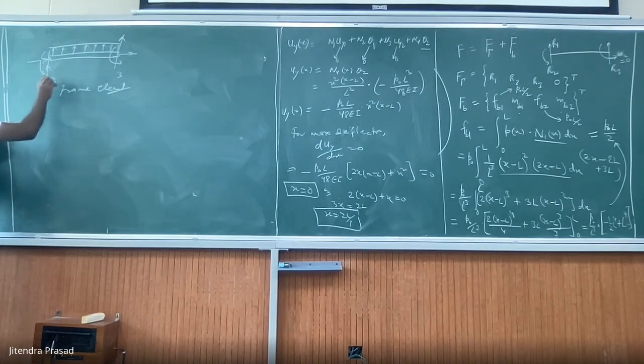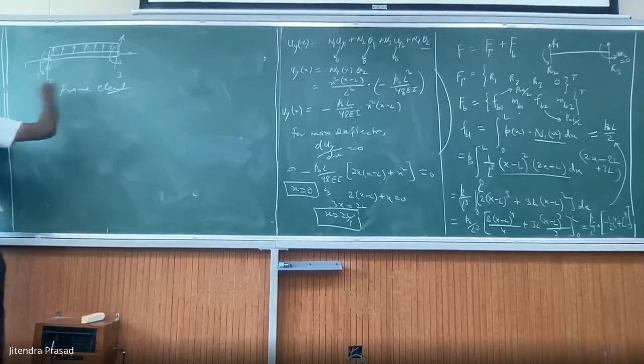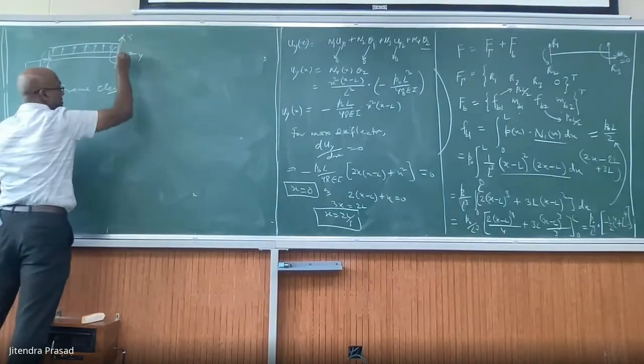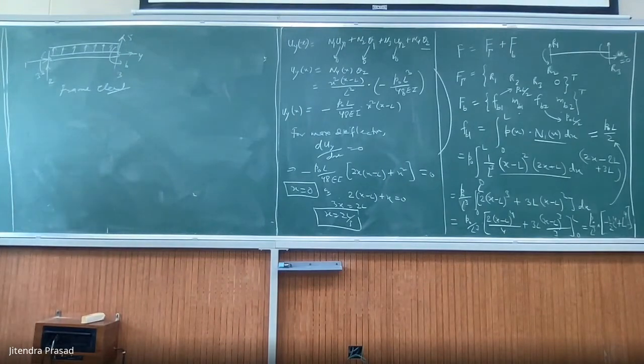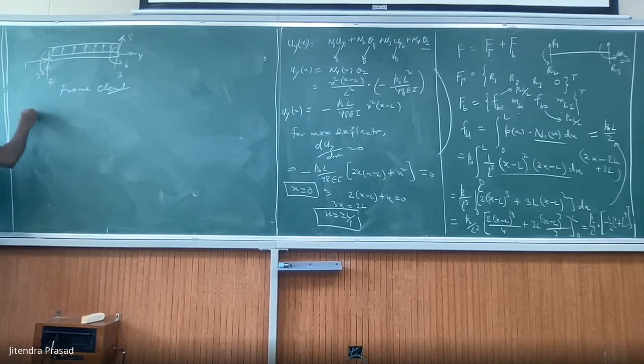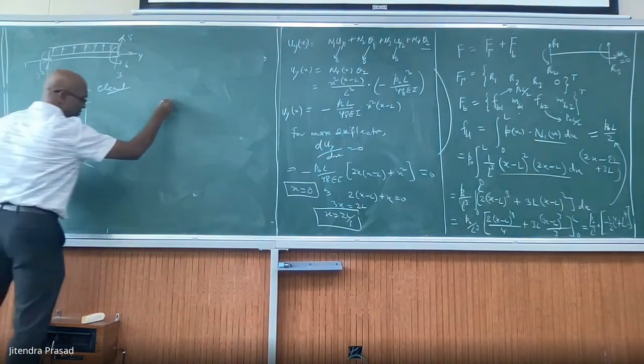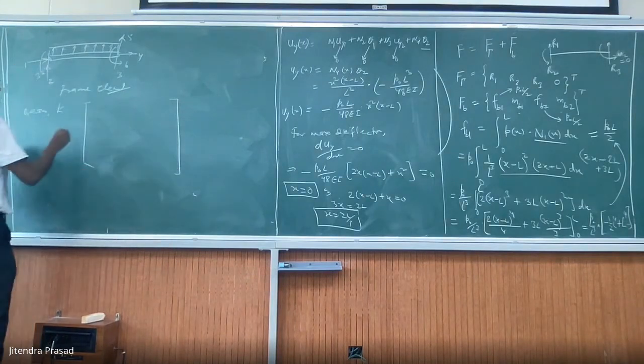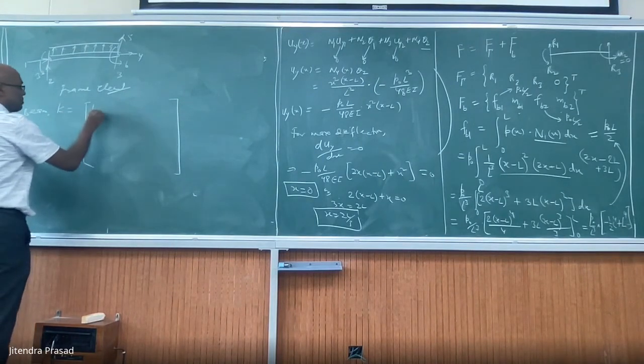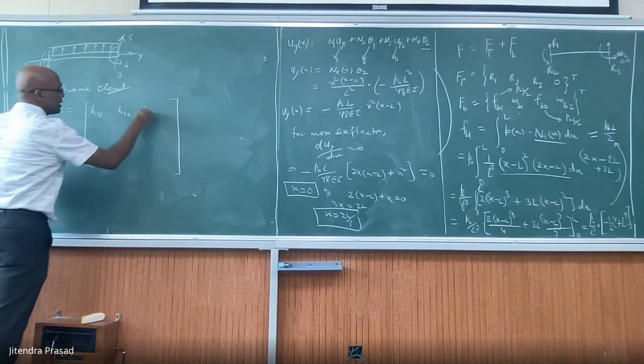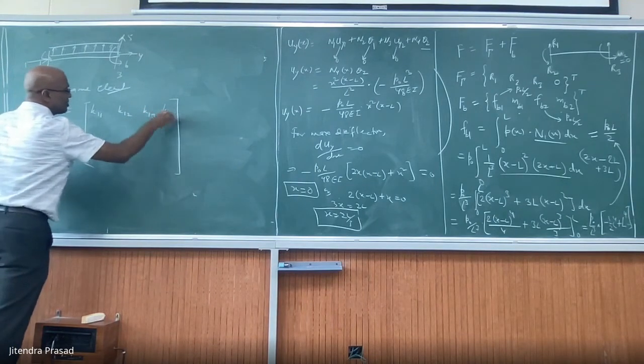What you will do is write the degrees of freedom: 1, 2, 3, 4, 5, 6. Now, for beam K there will be some value, 4 by 4. So you will have K11, K12, K13, K14.